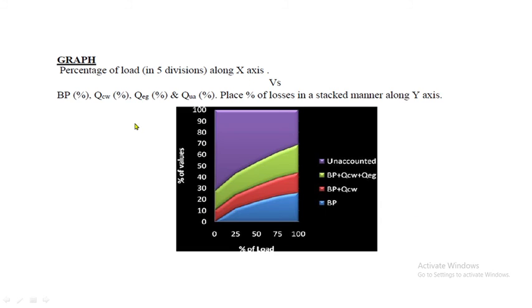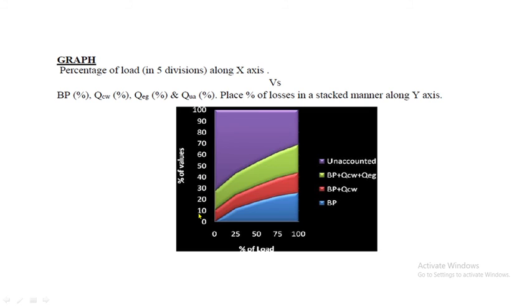If you draw with this x-axis scale, it may be tough for us. The graph will be very small. So instead of 25 divisions, we will go for at least 10 divisions: 0, 10, 20, 30, 40, 50. For the y-axis, the percentage of values where it is lost.